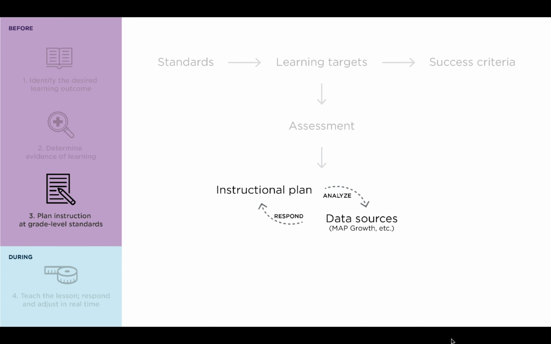For example, classroom formative data, teacher anecdotal data, curricular assessments, historical interim data, and other diagnostics. This is the time for you to make responsive adjustments to your plans based on student needs.